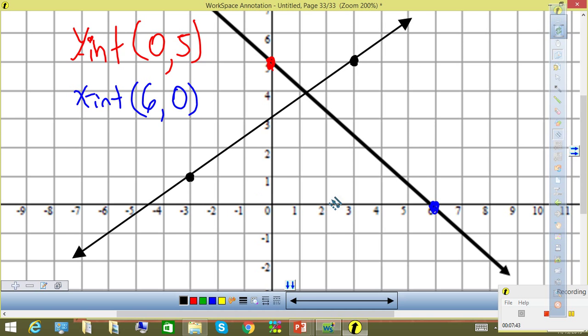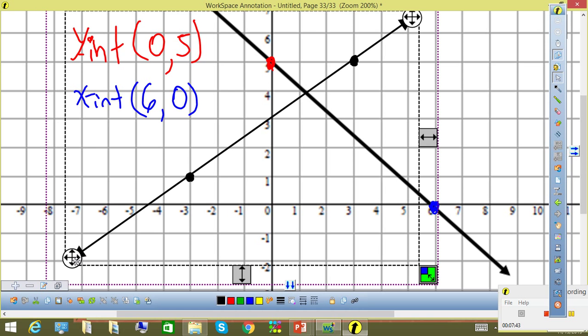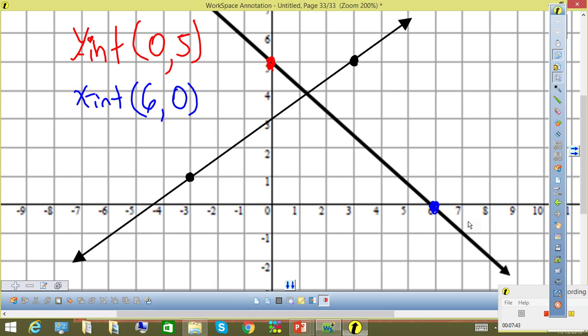Once again, the coordinates 3, 5 and -3, 1. My goodness. Focus, please. Copy that. I'll give you some time to identify the x and y intercept. Go.